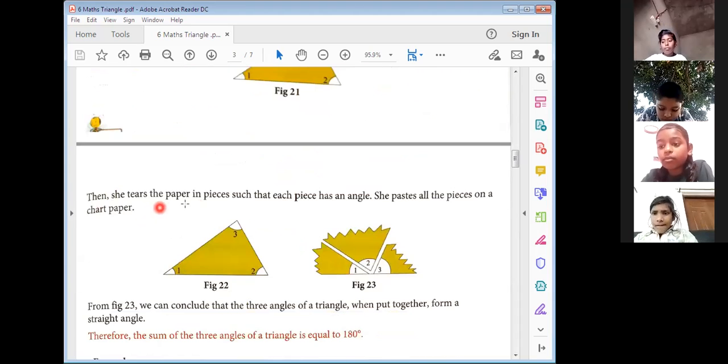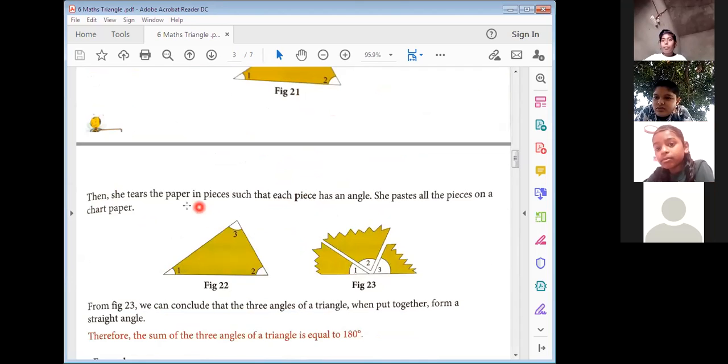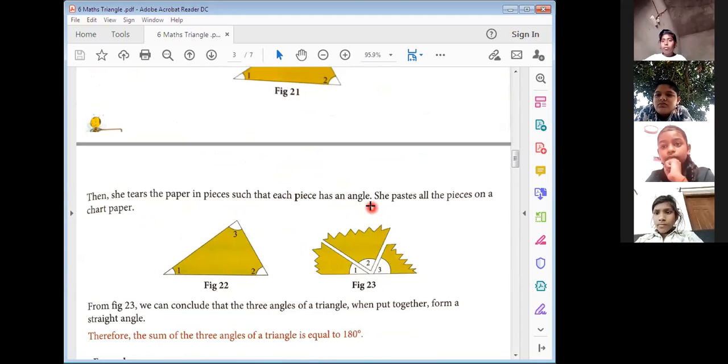Then she tears the paper in pieces such that each piece has an angle. Tear it so that each angle comes out properly. Take out three pieces, do not throw them away.